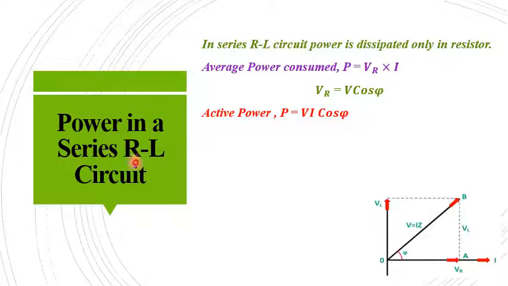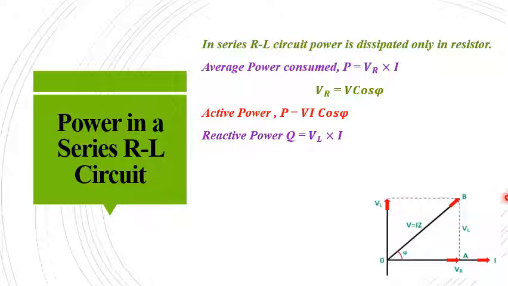So here we are having an inductor. So the power circulating in the inductor is your reactive power, denoted by the letter Q. So reactive power Q is equal to VL into I, that is the power circulating in the inductor.